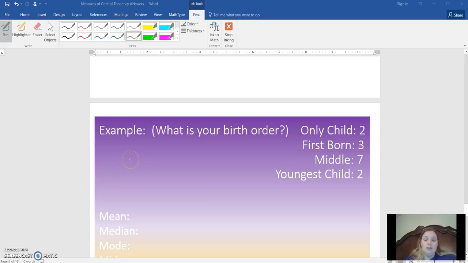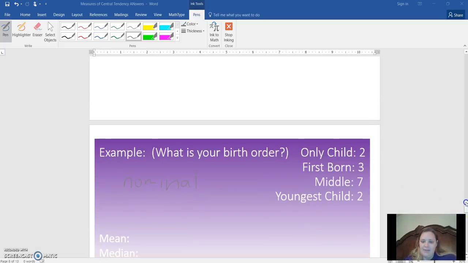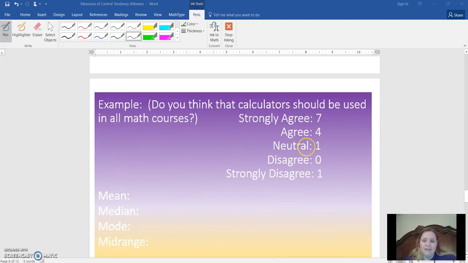So there's no order to this one. So this is nominal. All right, and then this one, there's categories, and strongly agree is generally the best. So this one's ordinal because there's an order.